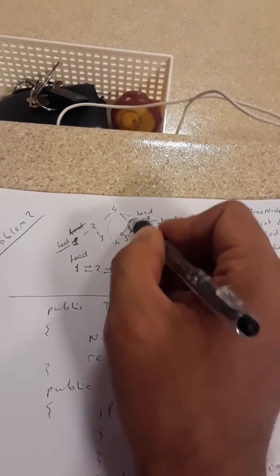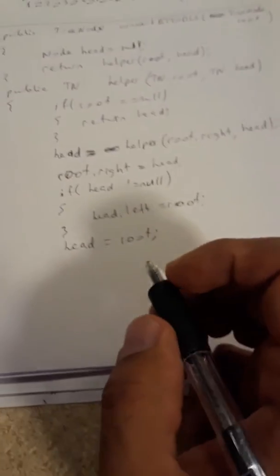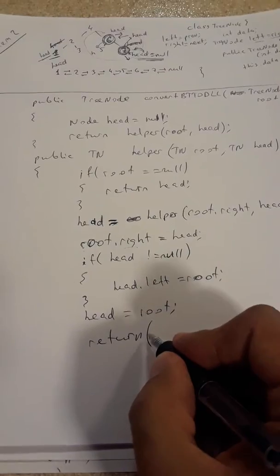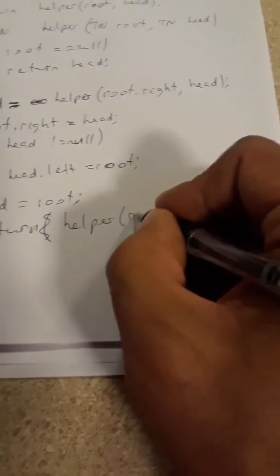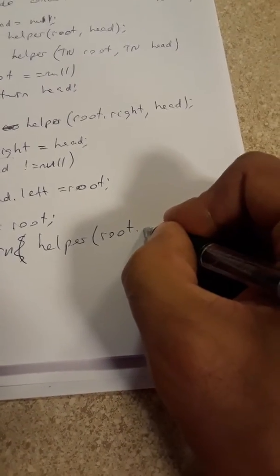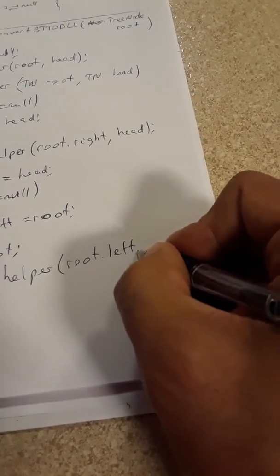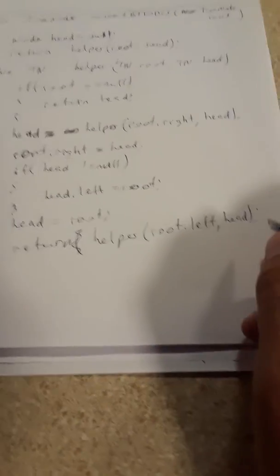And we'll keep continuing until we reach the leftmost node. And after that we'll just return the helper, where we will be passing the left subtree of our given tree. So here we'll just pass the root's left and the head, just to move it accordingly across all the nodes of the tree.